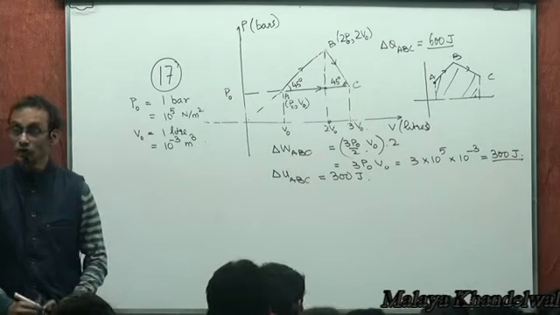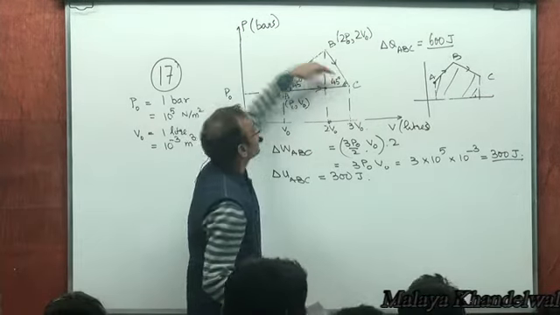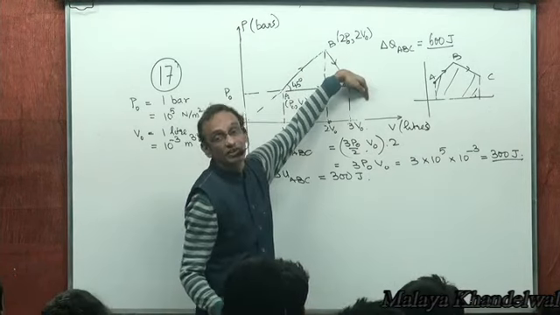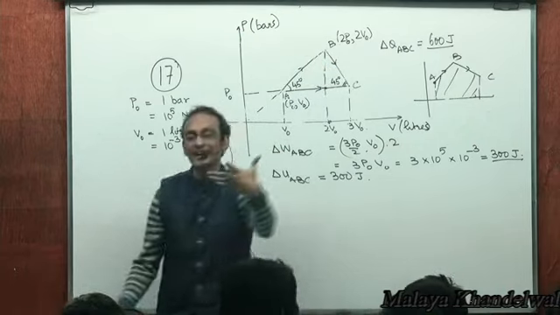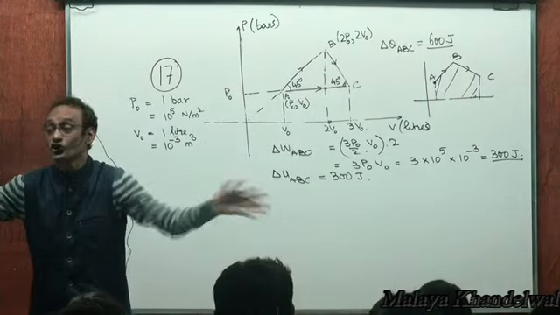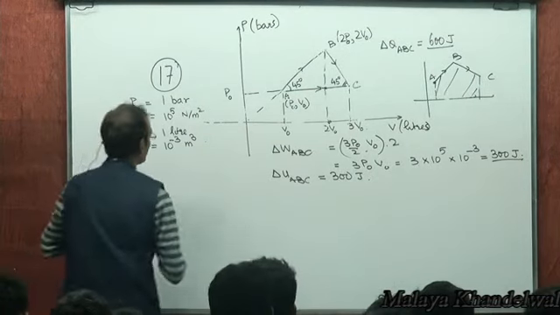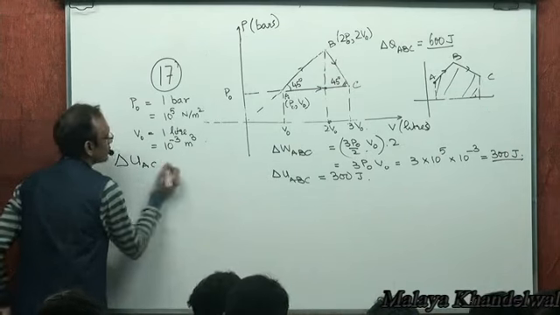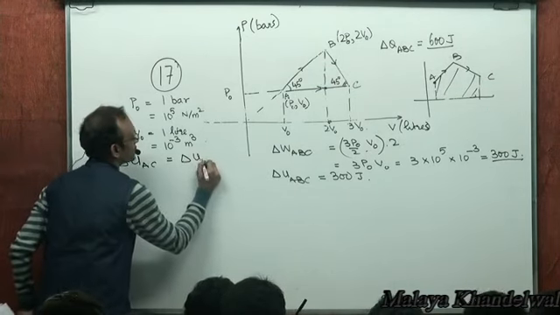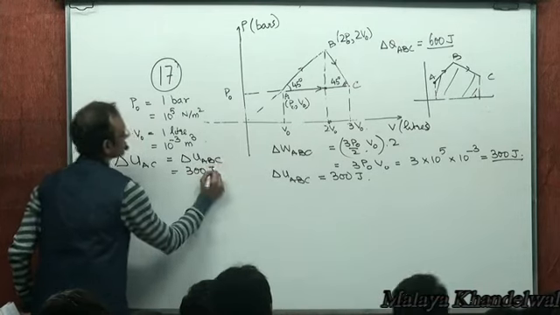Now, the change in internal energy from A to C along this process must also be 300 joules, because change in internal energy is path independent. So the change in internal energy from A to C will be the same as from A to B to C, equal to 300 joules.